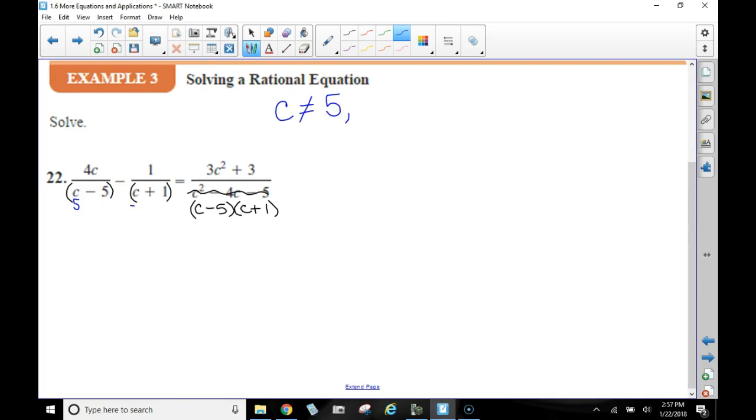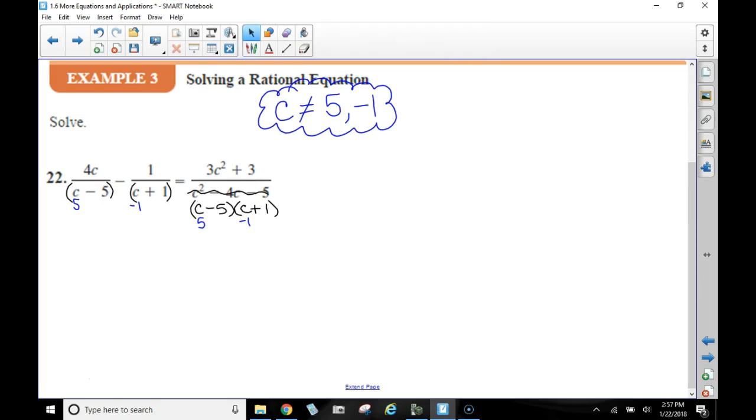And in the second factor, negative 1 would be a problem. Those problem values are repeated here. So I'm going to put that in a puffy cloud to remind myself that c can't be equal to either 5 or negative 1. If that happens, I'm going to toss those out and say, not you. You can't be in our solution set.